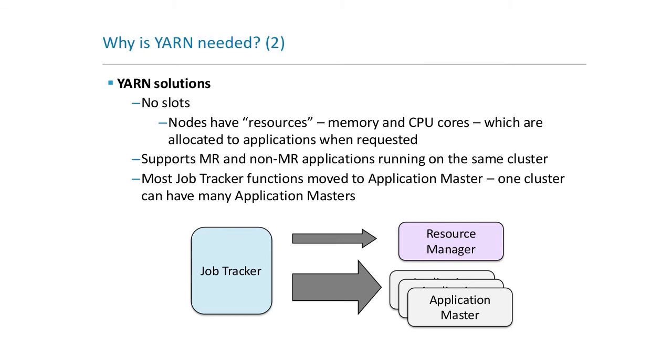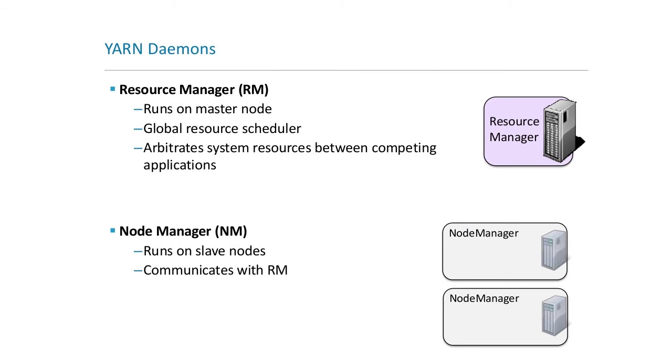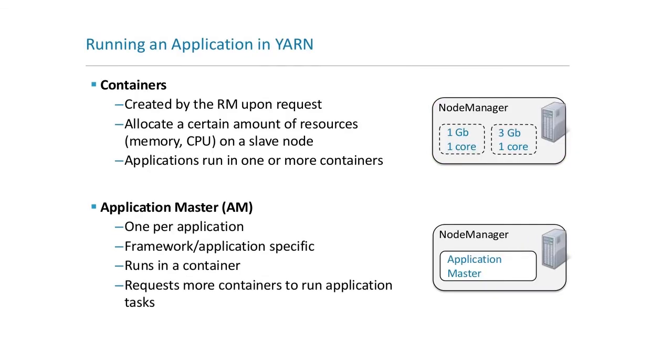There's going to be one application master for each MapReduce task, and some of the supervisory functions that the job tracker was doing are now managed by the resource manager. So you've got the resource manager often running on the name node, and almost every data node is a node manager, and the node manager can be configured to be either an application master or a container.